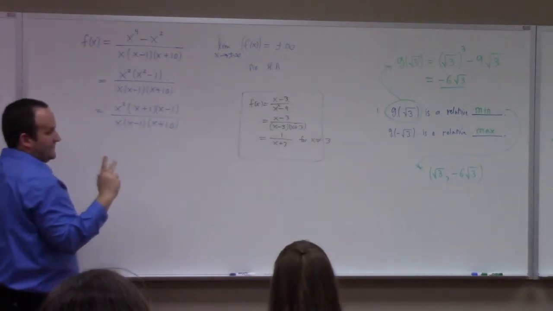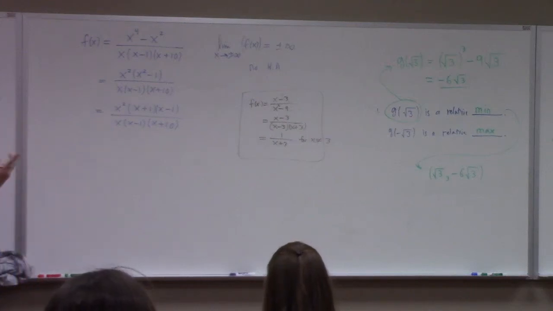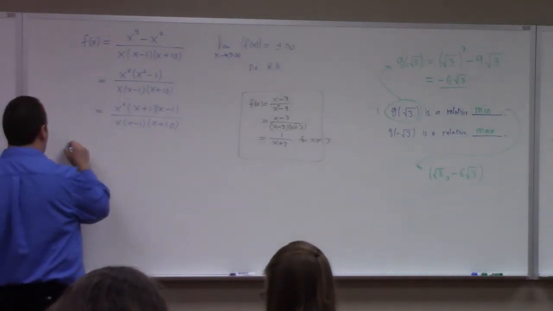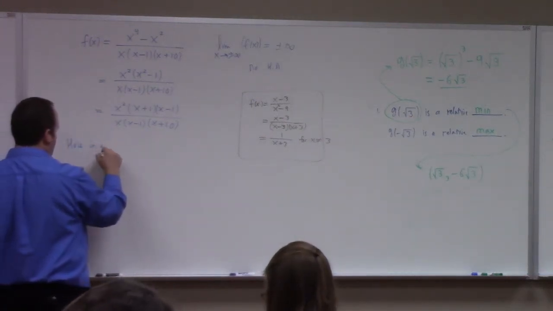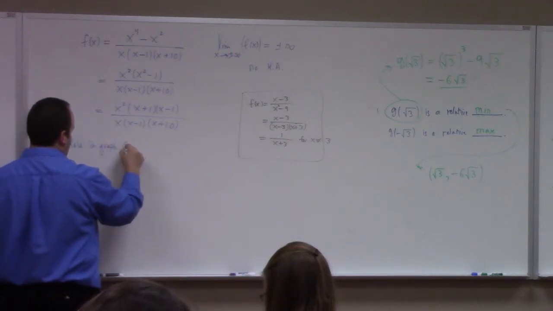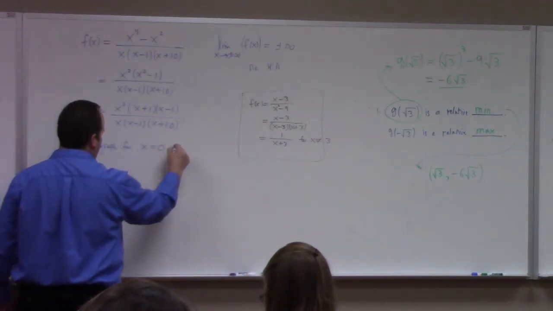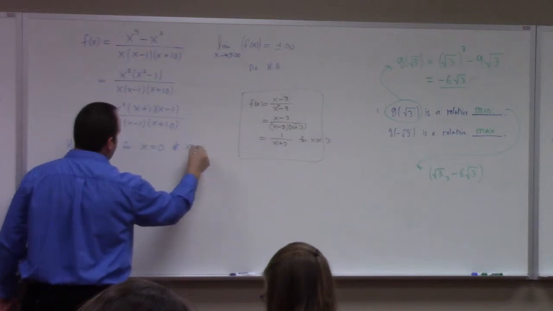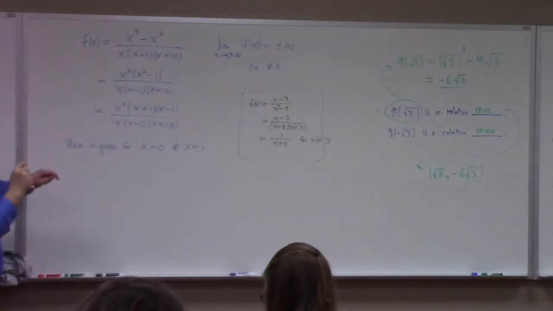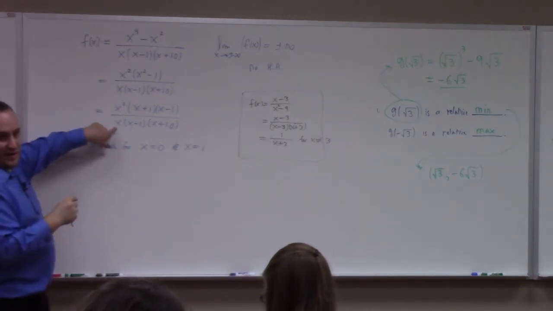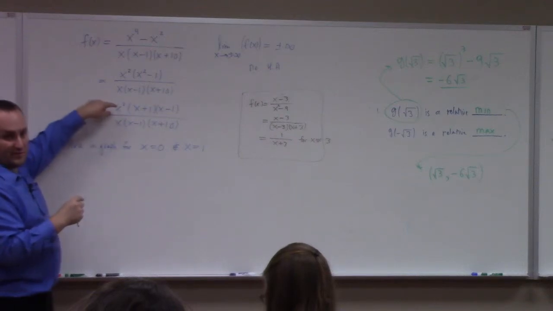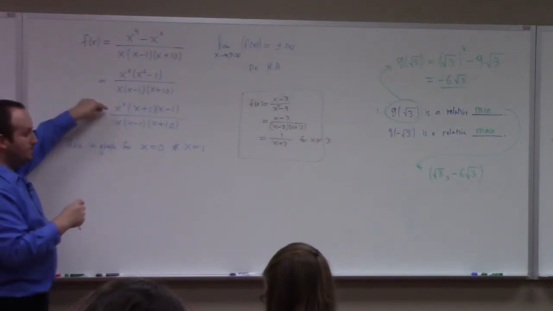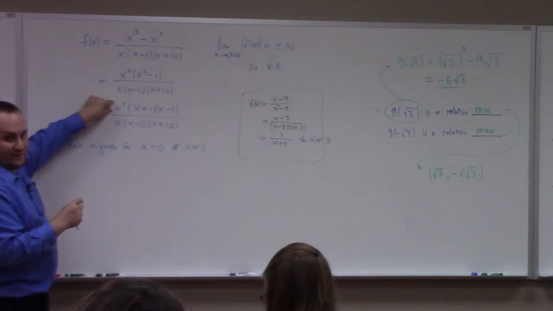In fact, this function has 2 holes in the graph. We have a hole in the graph for x equals 0 and x equals 1. At both of those points, the division is balanced out either by an equal or greater power of the same factor in the numerator. In fact, this hole in the graph is actually at 0.